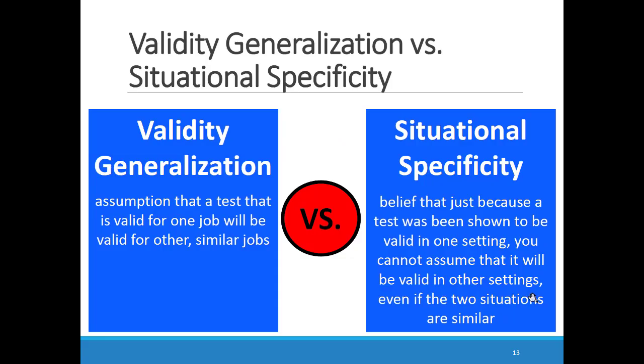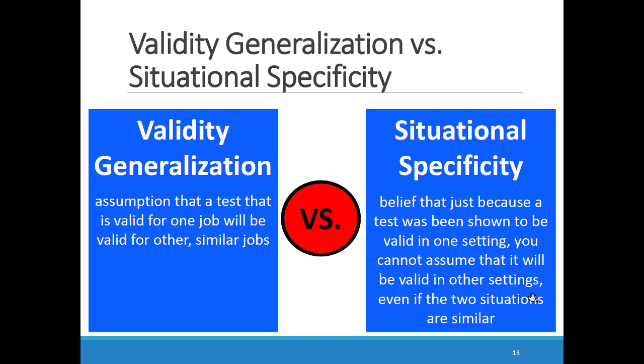That brings us to the idea of validity generalization and situational specificity. So these are big words, and what the heck does this mean? Validity generalization is referring to the assumption that a test will be valid in other jobs if it is valid for one job.